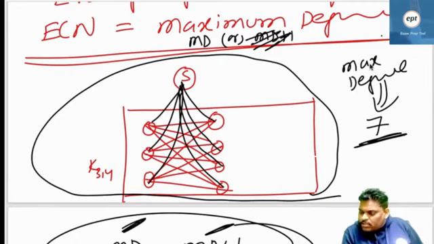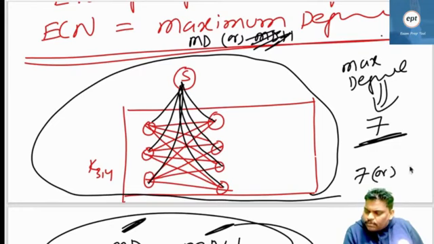See this one. Maximum degree 7 means answer is 7 or 8. In this graph, at least 3 people with the maximum degree?